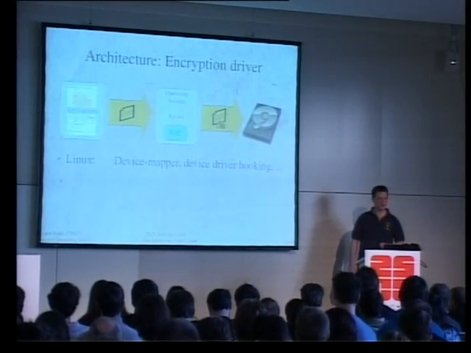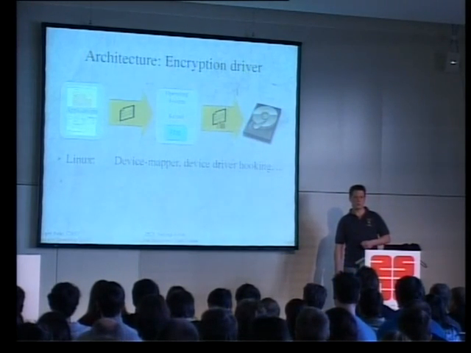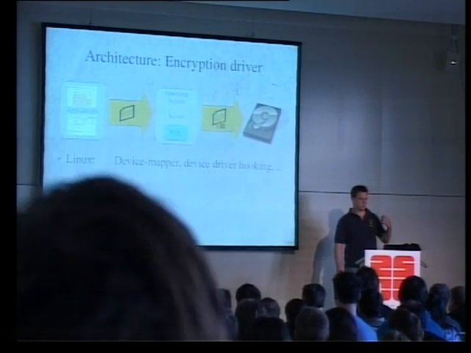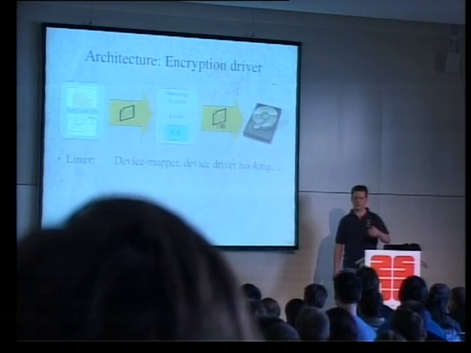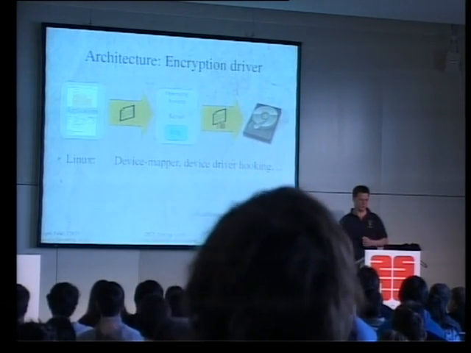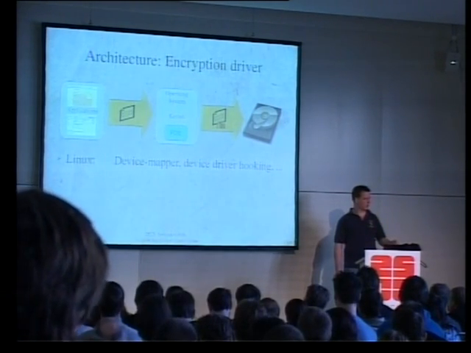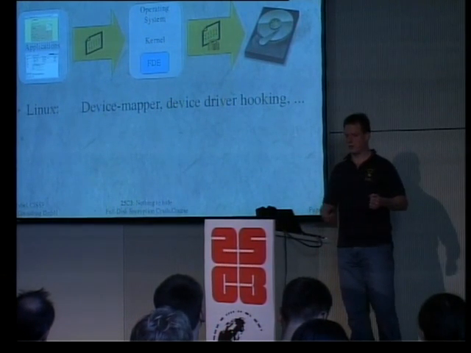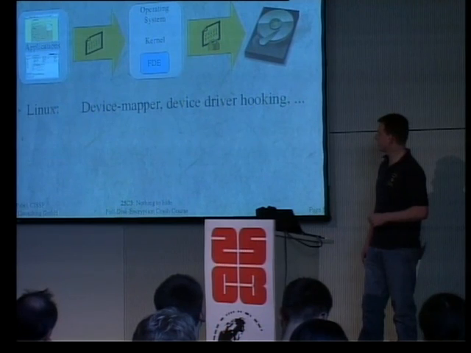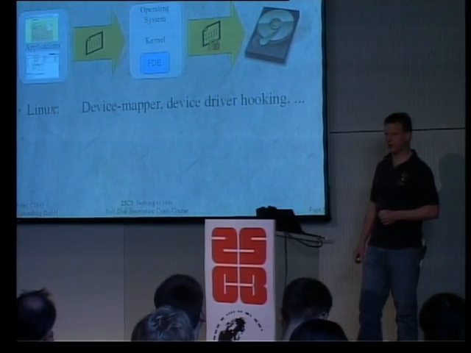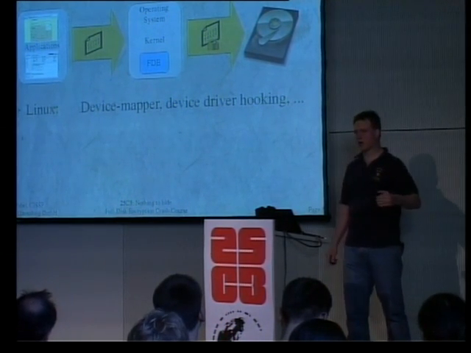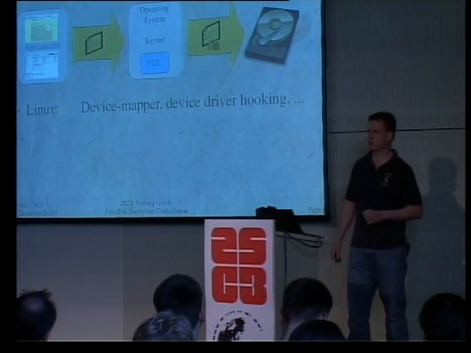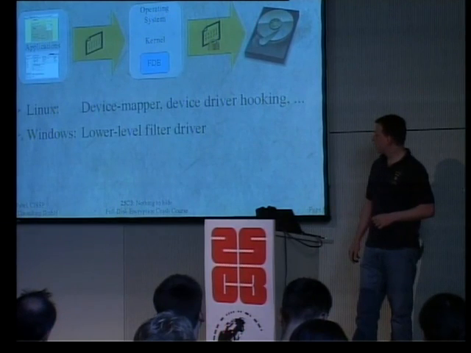You can also do device driver hooking, which is more of a kernel module that looks at the driver for the hardware for the disk and finds the right point and just reroutes the function call to itself, does the little encryption magic, and then passes back on to the driver. So it's more of a hook and inject sort of solution rather than the device mapper, which is architectural.